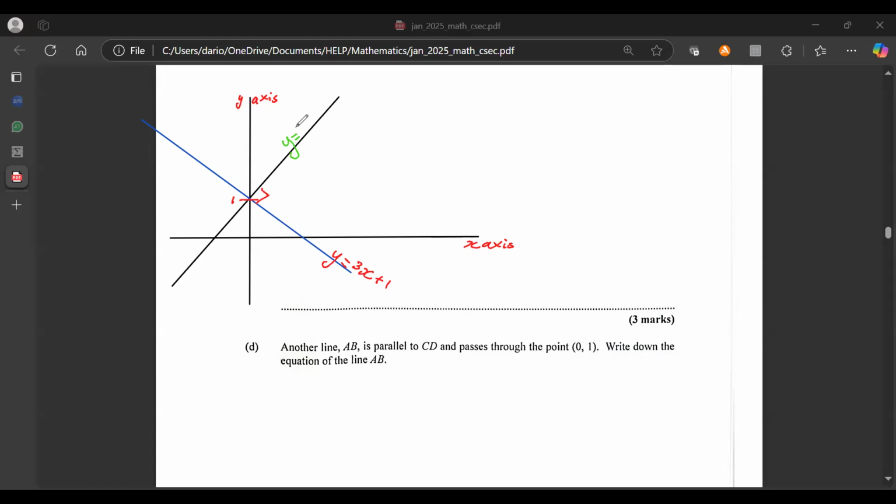What's the equation of the first one? I didn't write it down, I'm just doing it. That's 5x plus 1? No, it's negative a third x plus 1.